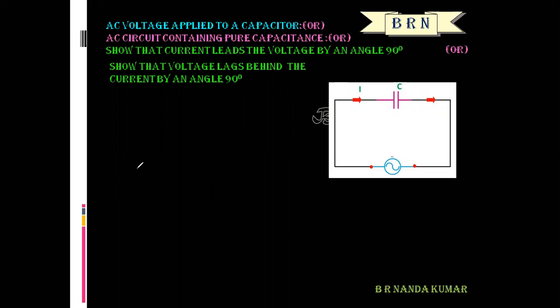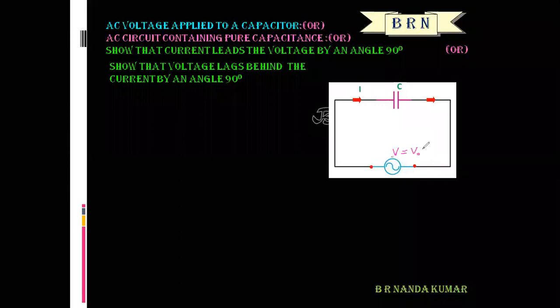Capacitor is a device used for storing electric charge. So here the alternating voltage, that is V equal to V naught sine omega t, is applied to a circuit containing only a capacitor.